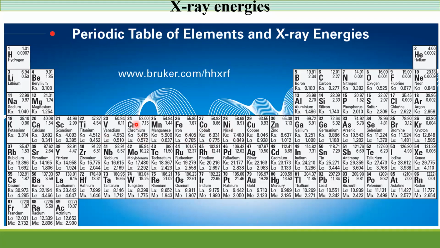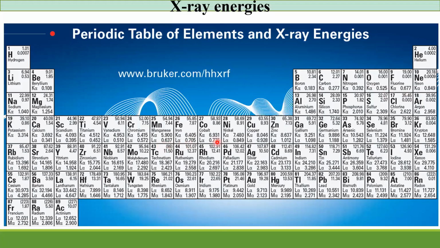For example, chromium has an L alpha energy of 0.572, which slightly matches the K alpha of oxygen, and fluorine at 0.677 also slightly matches the Mn L alpha lines.